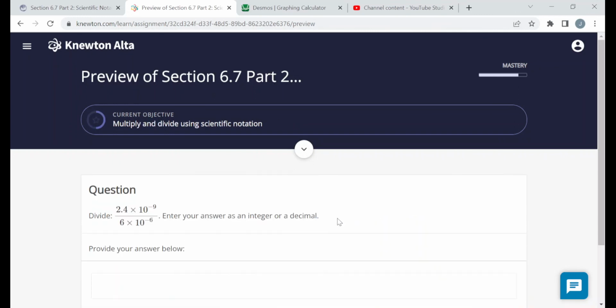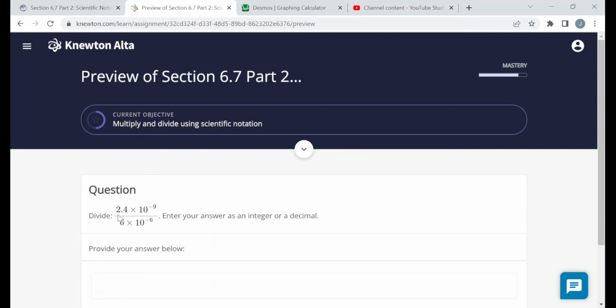Then multiply and divide. Again, we divide here. If I do 2.4 divided by 6, that's the same thing as 24 divided by 60, which would be 2/5 or 0.4. And then 10 to the negative 9 divided by 10 to the negative 6. Negative 9 minus negative 6 would be negative 9 plus 6, that'd be negative 3. 10 to the negative 3.